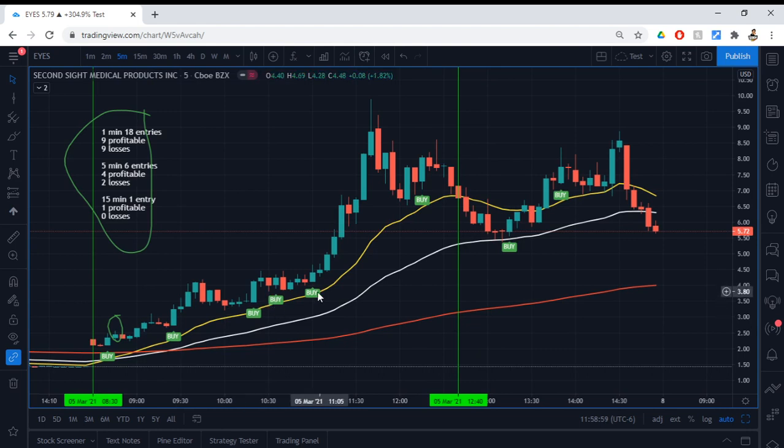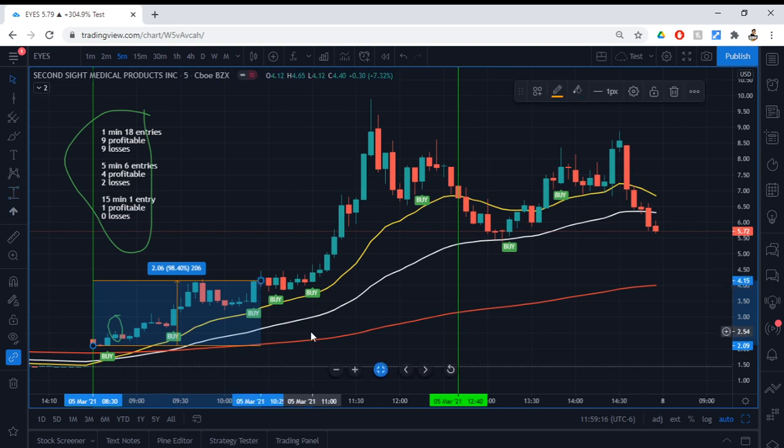They're more reliable, but as you can see, you have to be into one of these moves. You can't get here and say, "Oh man, this has gone up 100% since it opened. It's not going to move anymore." No, that's not true.